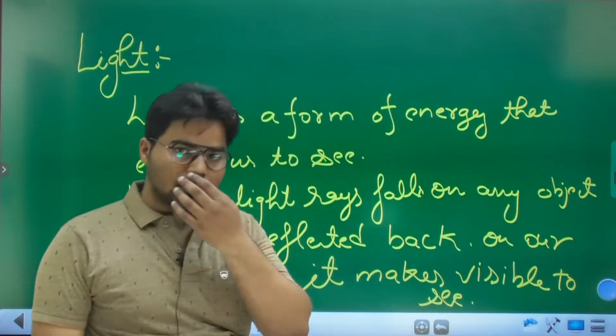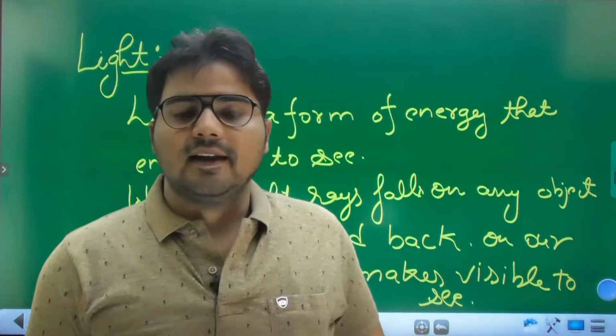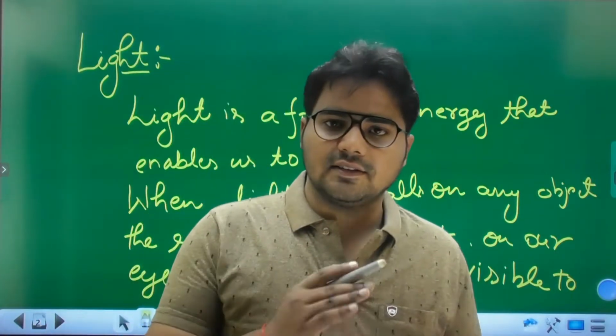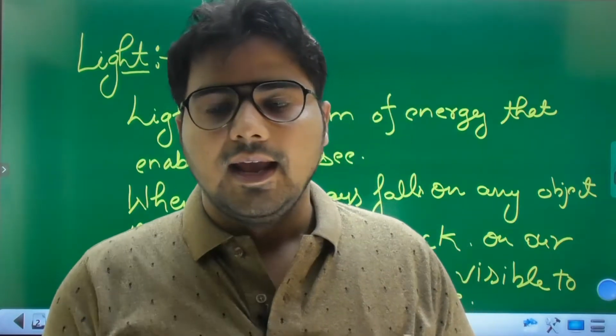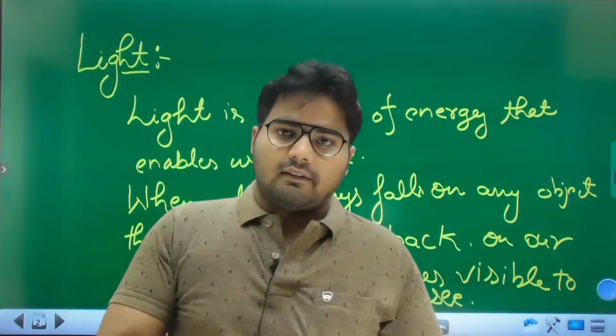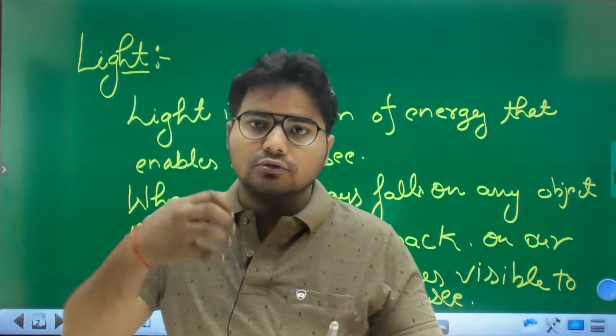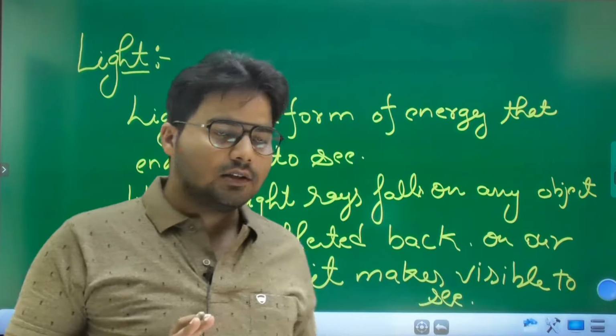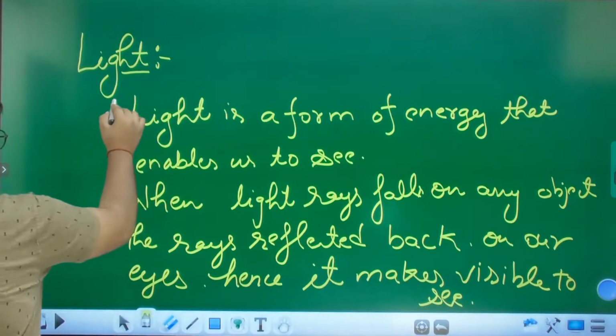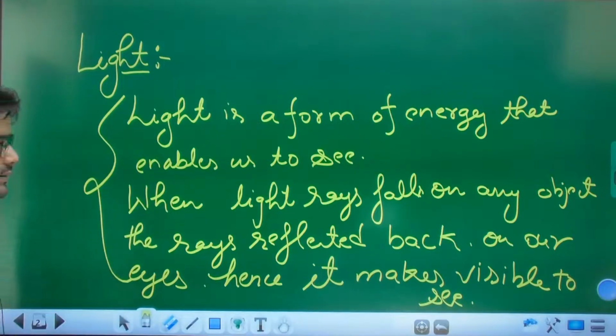So what is light? Light is a form of energy that enables us to see. When light rays fall on any object, and these light rays are reflected back or bounce back on our eyes, then we can tell what that object is. So note down about the light.